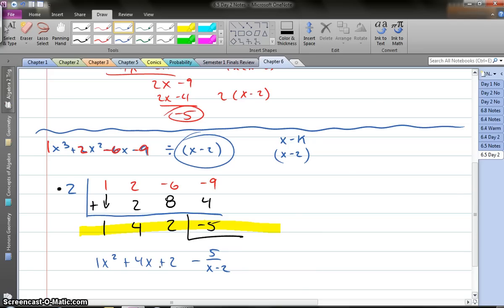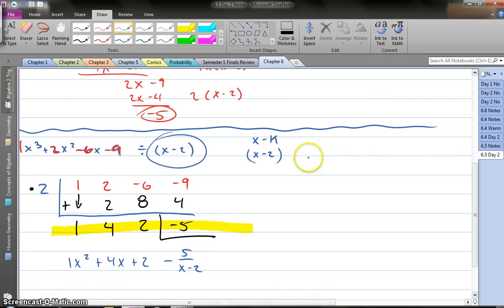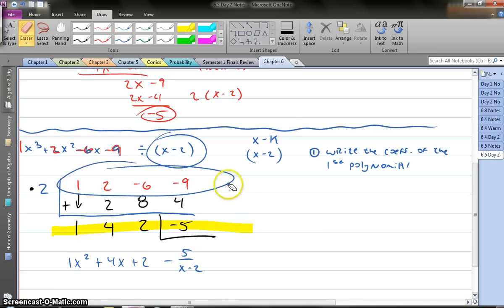All right, so let's summarize what we just did. So step one, we write the coefficients of the first polynomial. All right, write those coefficients in to begin setting up your problem.